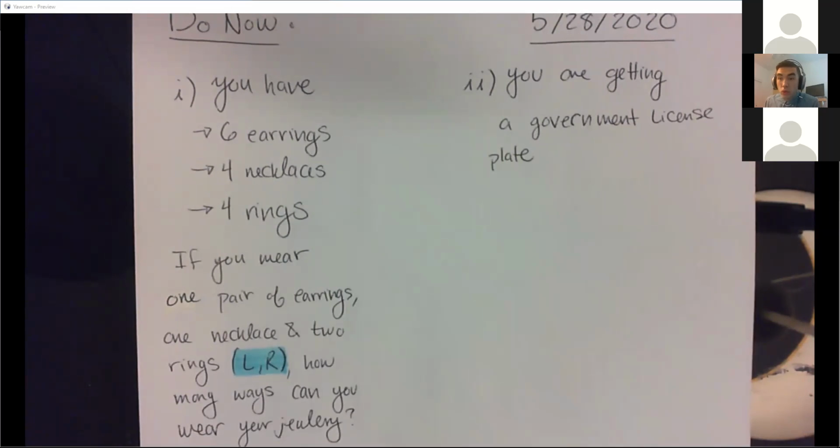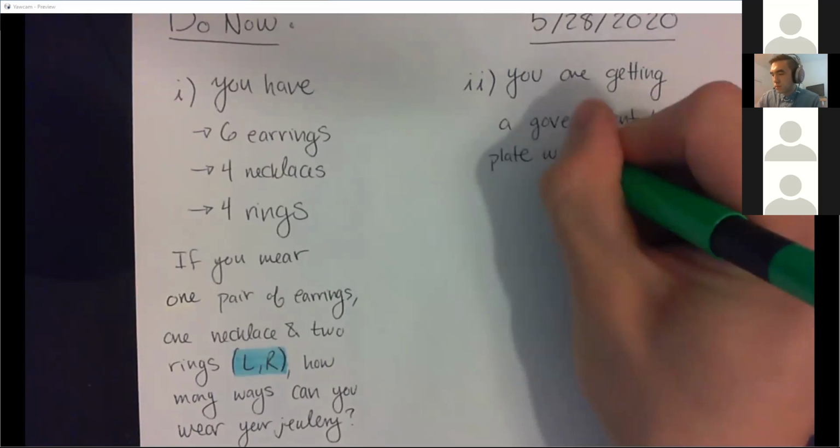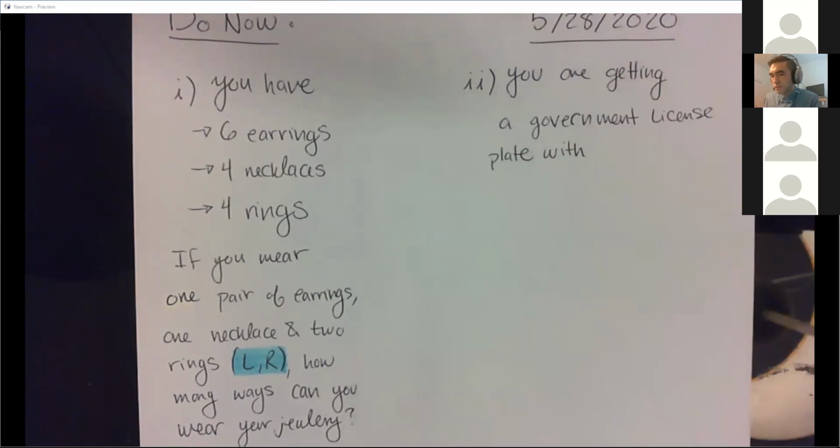One of them is going to go on your left hand and the other one on your right hand. Why would I give you information about the order? To use the permutation formula, not the combination one?